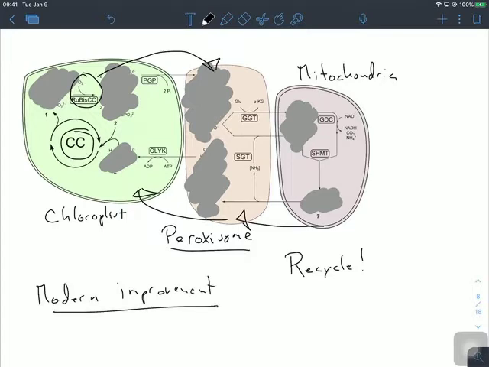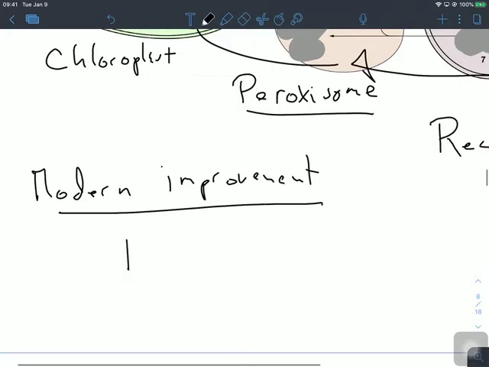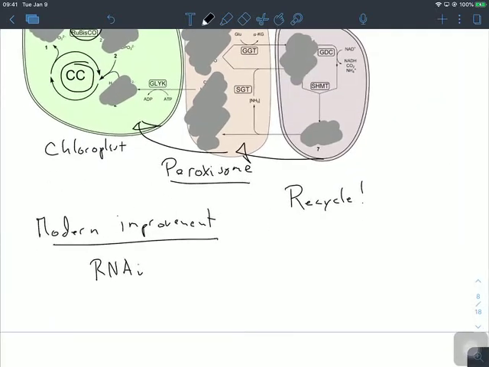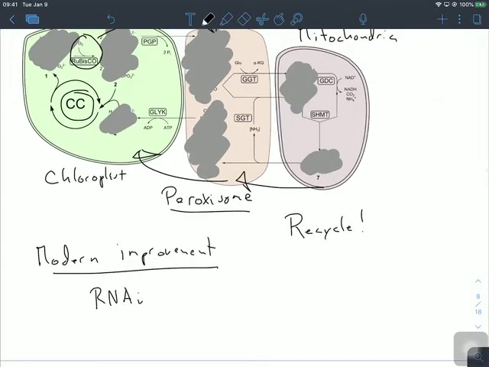In the lab, in this photorespiratory process, scientists use a technology called RNAi, or RNA interference, to shift our different pathways so that way you, as a plant, will perform less photorespiration and more photosynthesis.